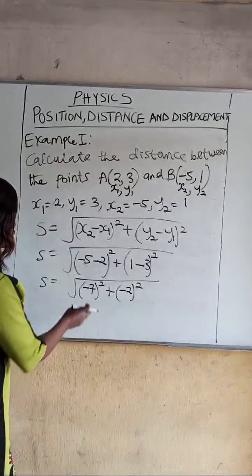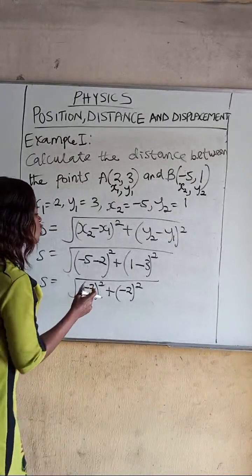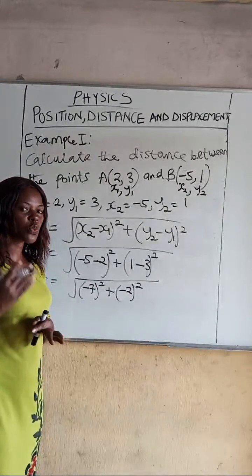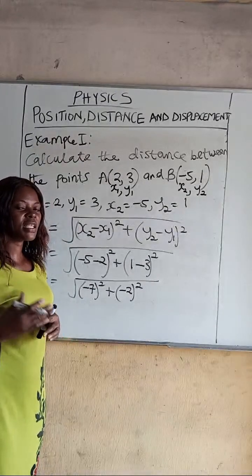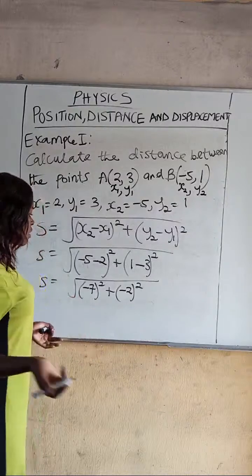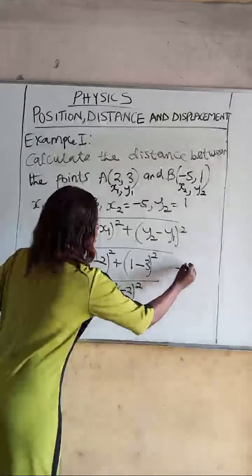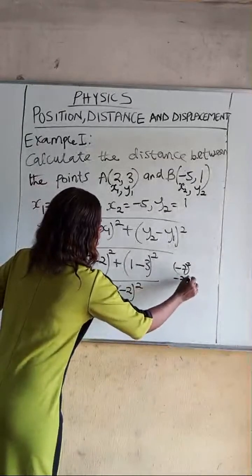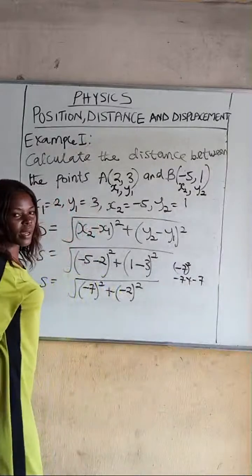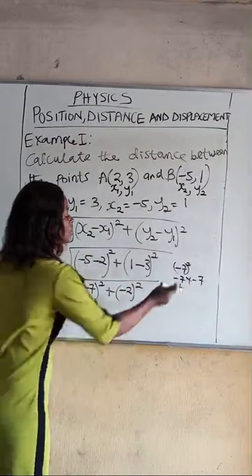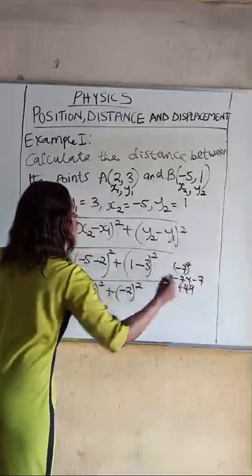All right. So remember, when you want to square a negative number, the negative sign will disappear. It will not affect whatever we are doing. How do I mean? If I say minus 7 squared, it is the same thing as saying minus 7 times minus 7, right? Minus times minus is what? Plus. 7 times 7 is what? 49.